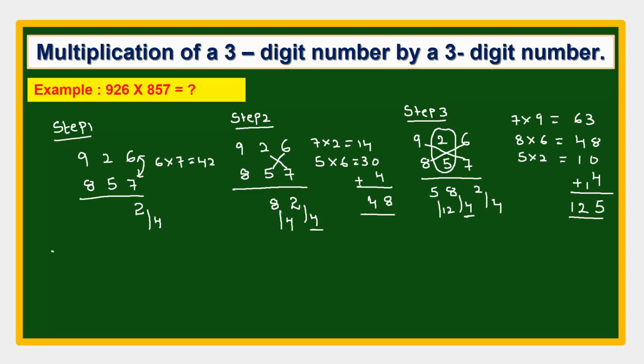Right, next step 4. 926, 857, and we got 582 and carry forward 4 here, carry forward 4 here, carry forward 12 here. Now what we have to do is we have to multiply these two numbers.